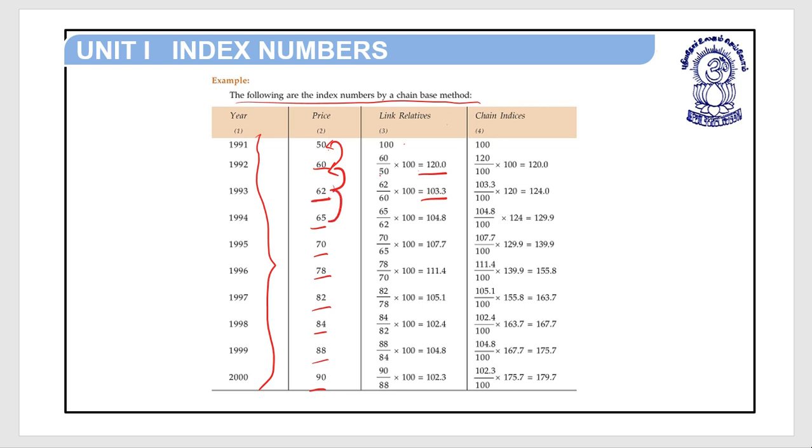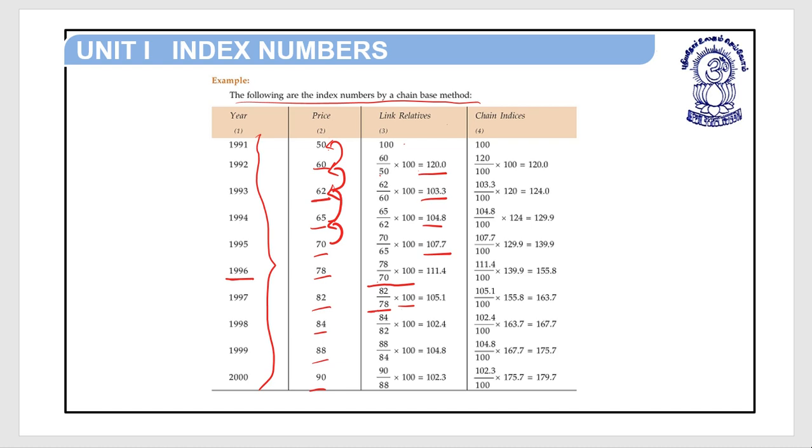For 1994, 65 by 62 into 100 is equal to 104.8. Same way for 1995, 70 by 65 into 100 is equal to 107.7. For 1996, 78 by 70 into 100. 1997, 82 by 78 into 100.